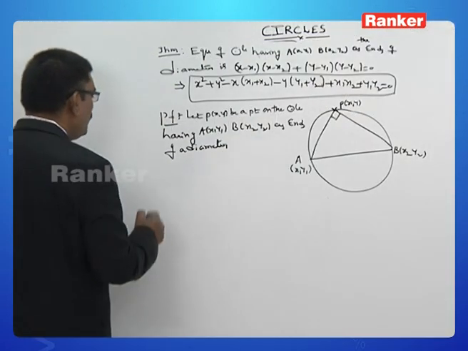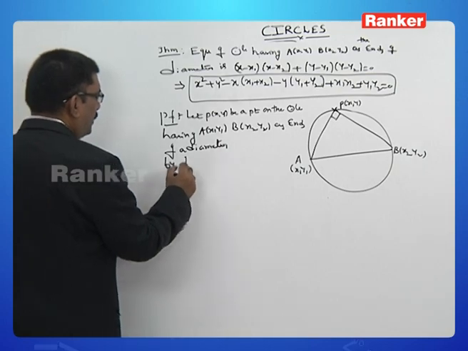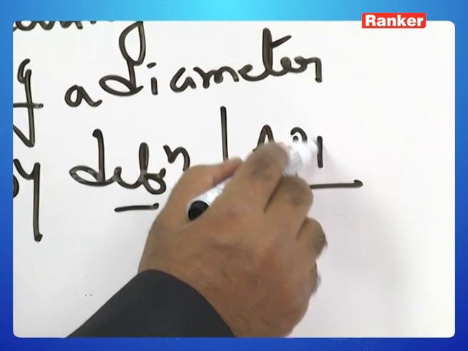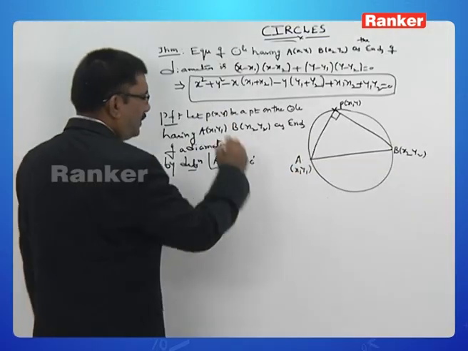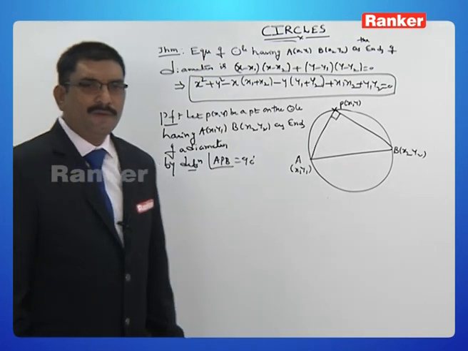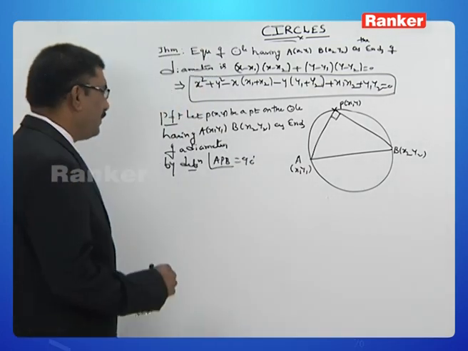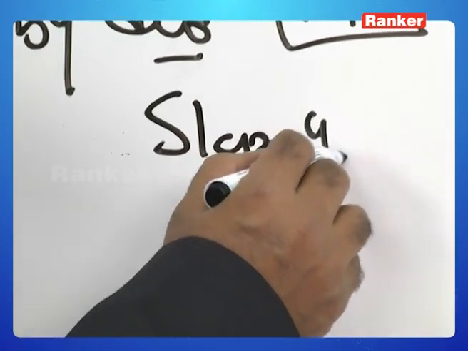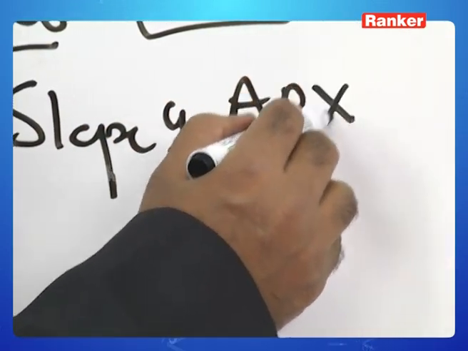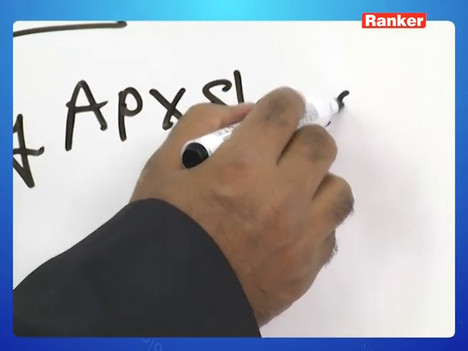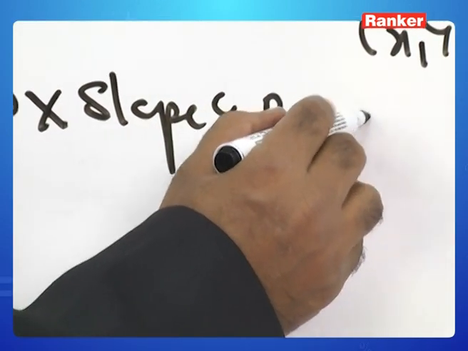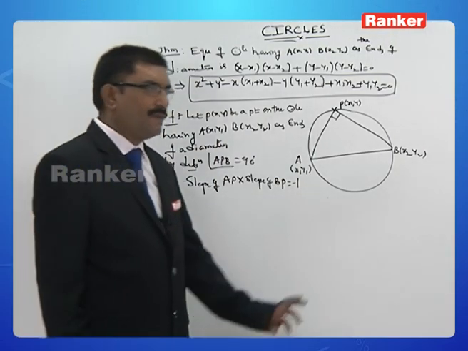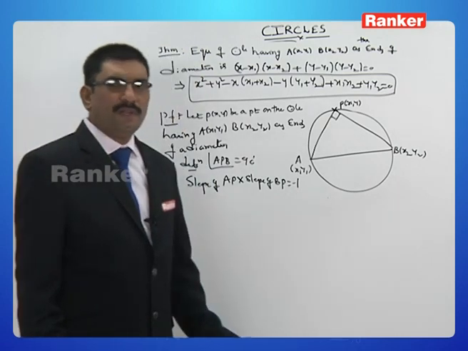Now, by definition, angle APB is equal to 90 degrees. So therefore, I can write slope of AP into slope of BP is equal to minus 1. The product of the slopes is equal to minus 1, since these two are perpendicular lines.